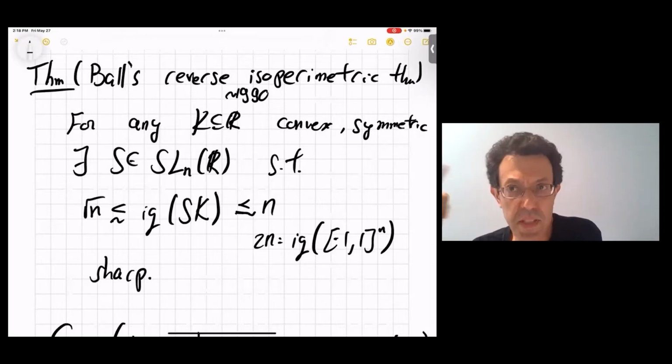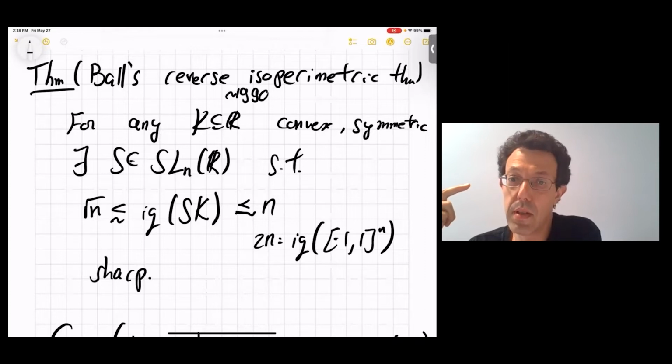This means that the surface area measure is isotropic. And you take surface area in the sense that it's a measure on the sphere.